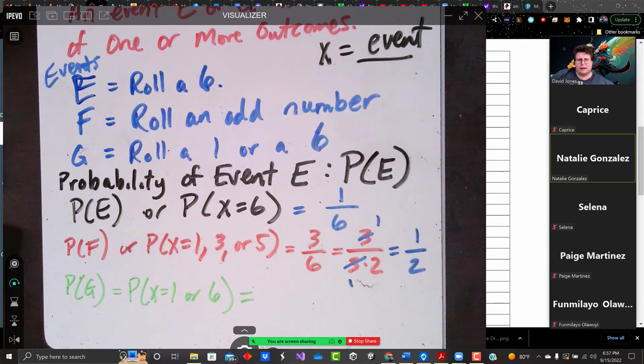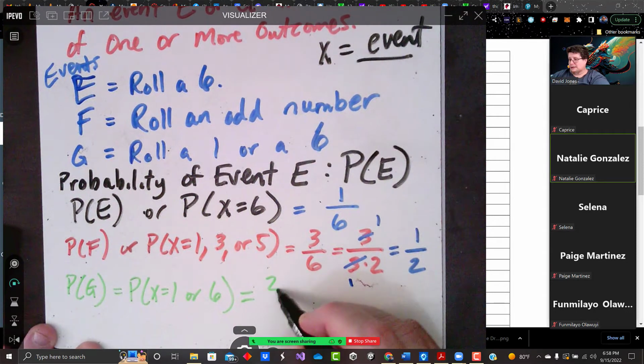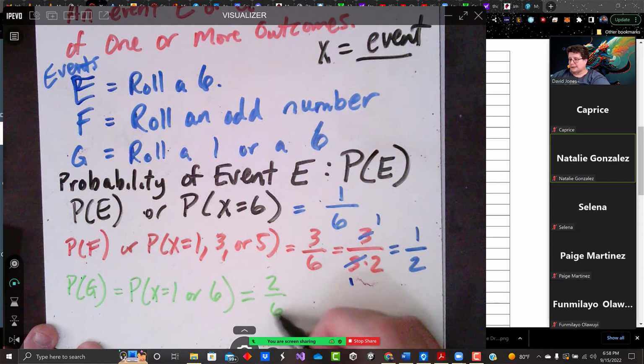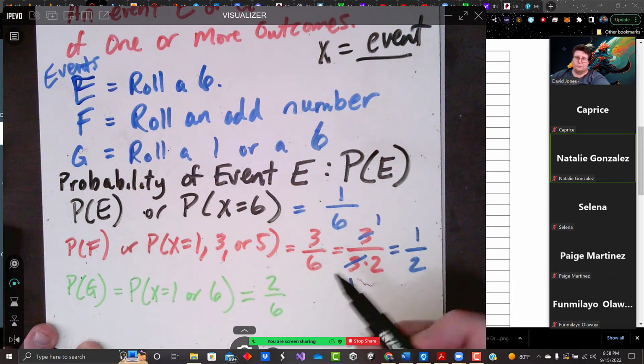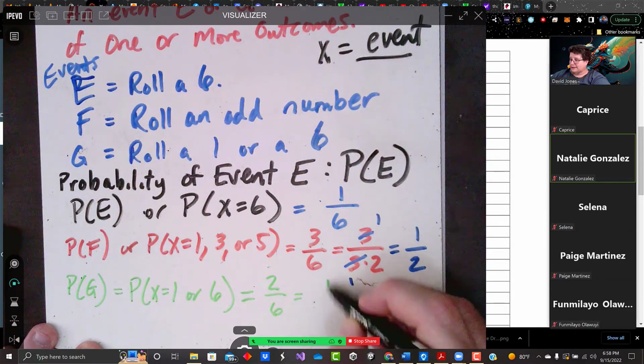Because you're saying P of G is the probability of X equal to 1 or 6. So rolling a 1 or a 6, either roll. How many possible outcomes does that add up to? If you're trying to do the probability rules, we'll go over those in a second. There's another way of doing this: just how many outcomes are listed. 2 outcomes are listed out of 6 total outcomes. 1 is an outcome and 6 is an outcome, so there are 2. And this simplifies down to 1/3.